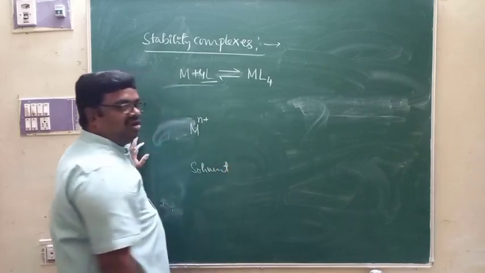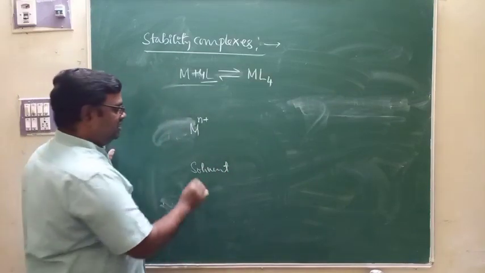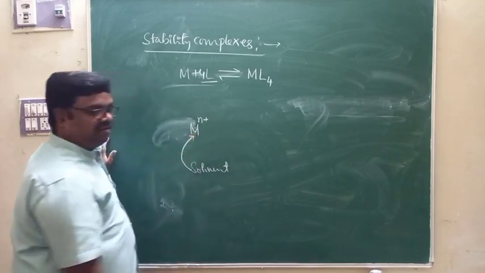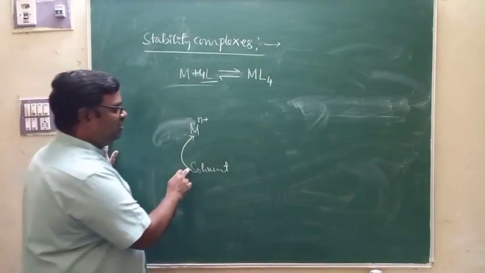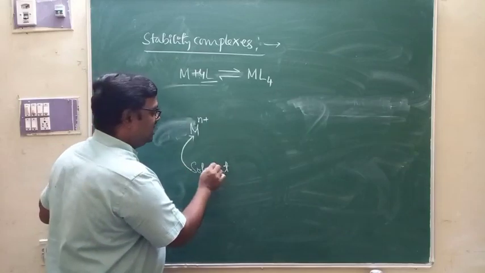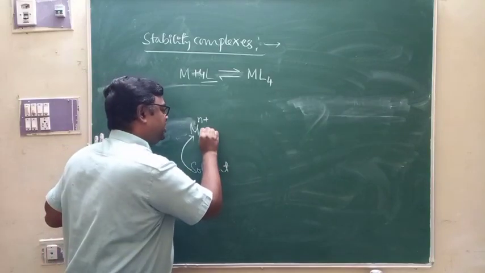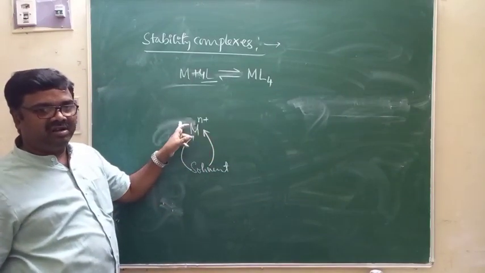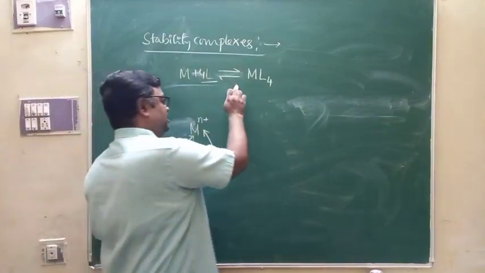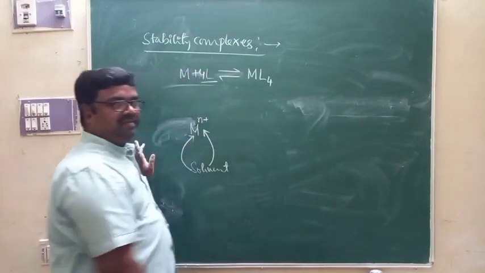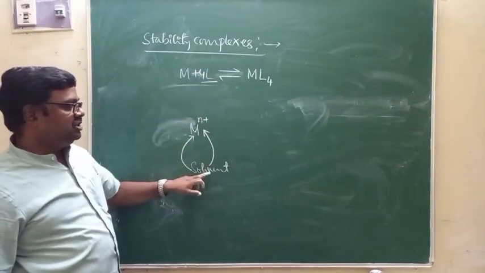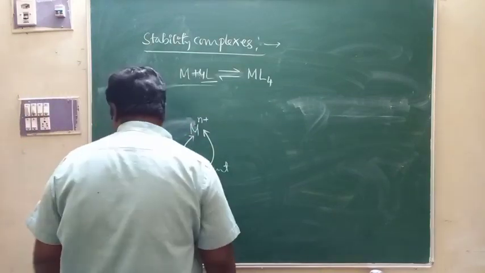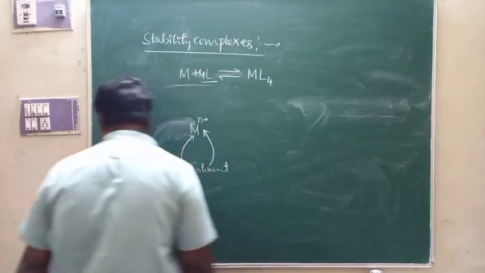Even the solvent molecules in solution are trying to form association and bonds with the metal ion. But here, in this particular discussion, we have ignored the association of solvent molecules with metal ions.